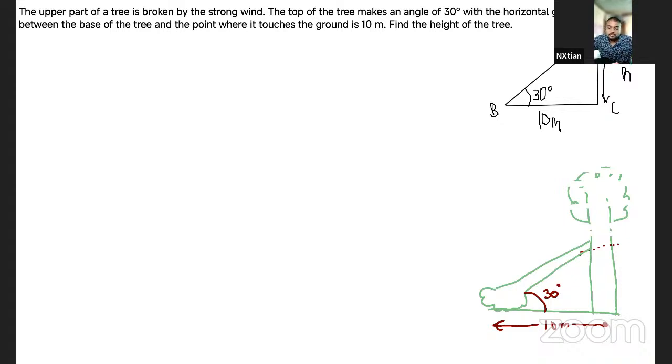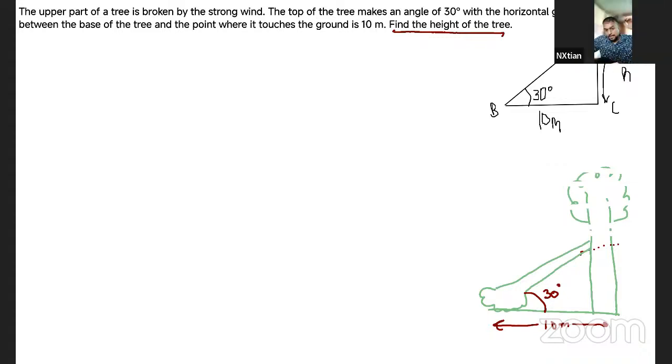Now you have to solve it. So if you want to find the height of the tree, as they mentioned, you have to find the height of the tree. So what do you have to find, Jehovan? Which formula, ratio to use?